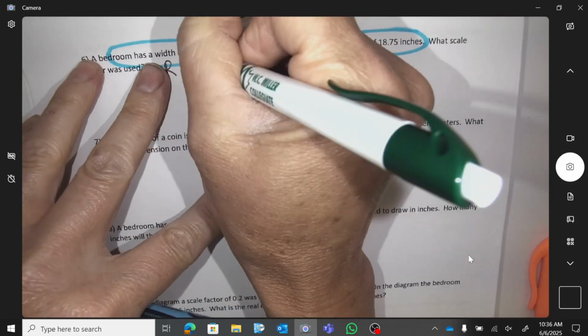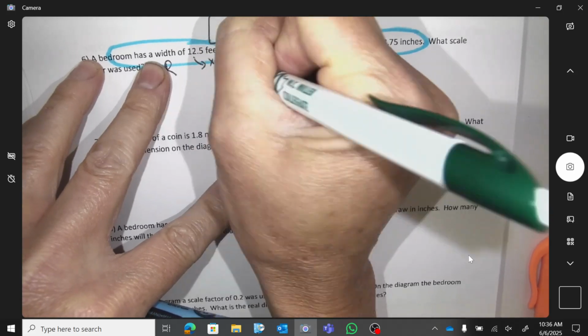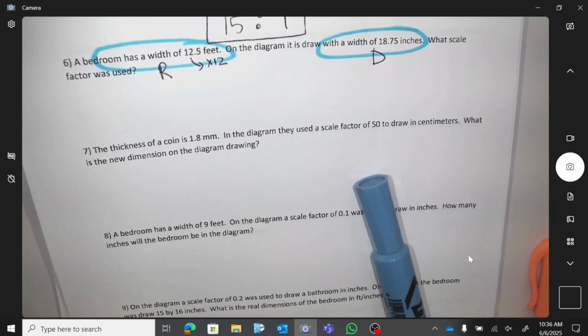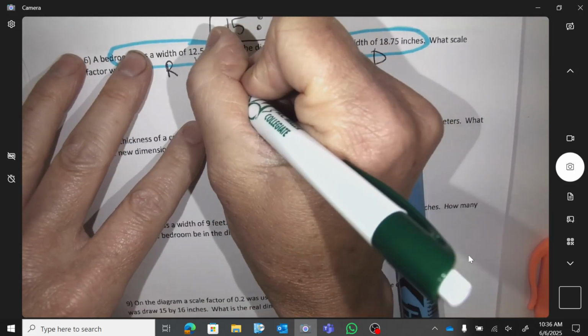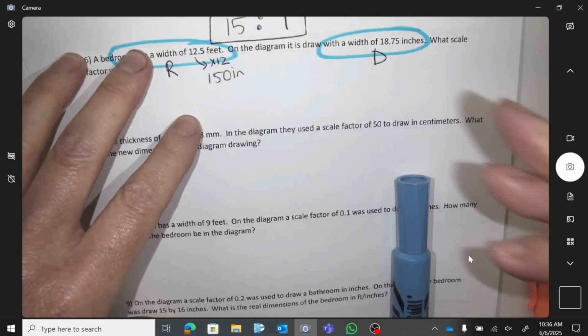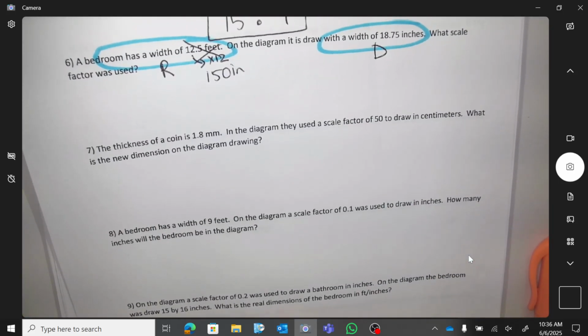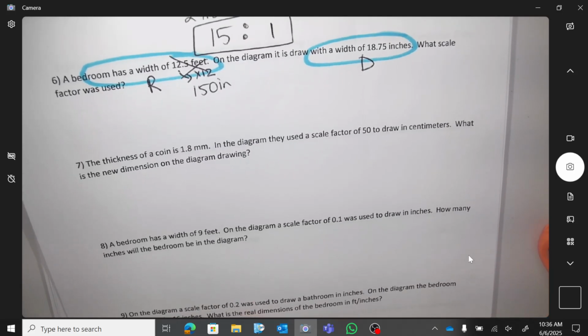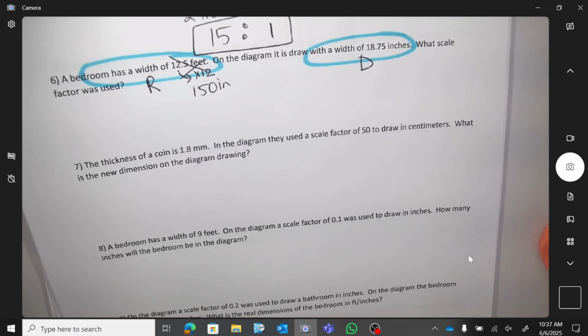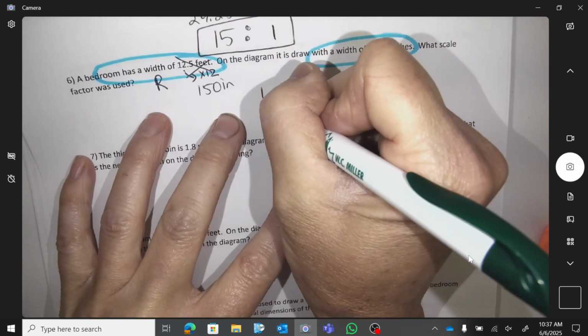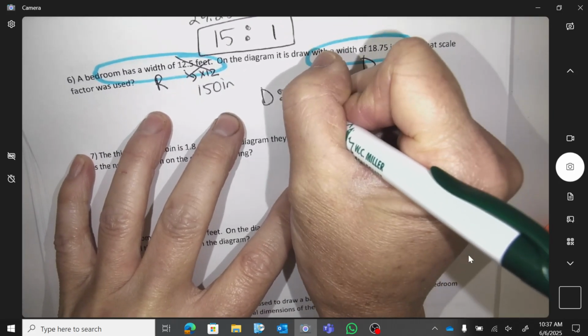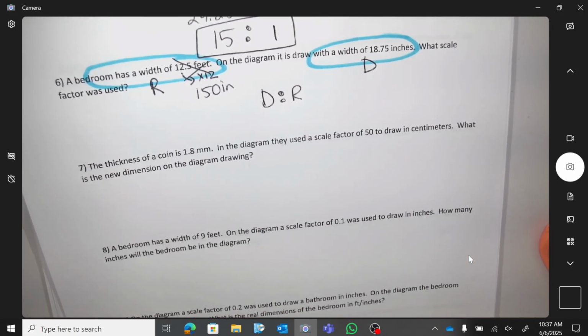Feet to inches. Feet times 12, 150 inches. There we go. Okay, here we go. Diagram to real is the system of how to write it.